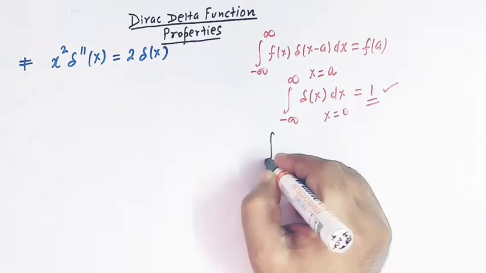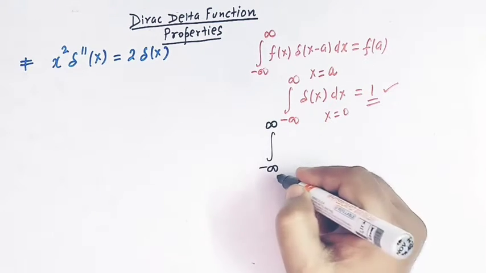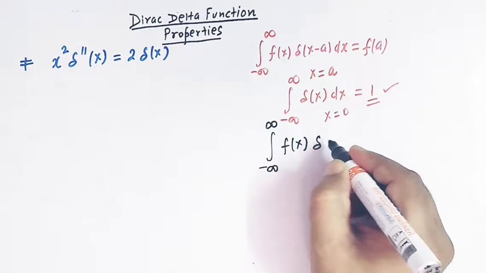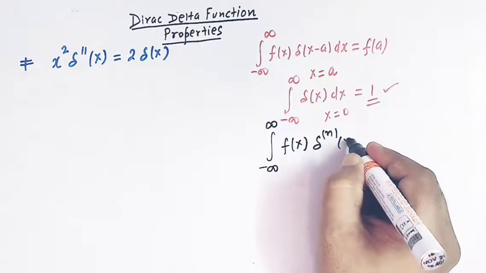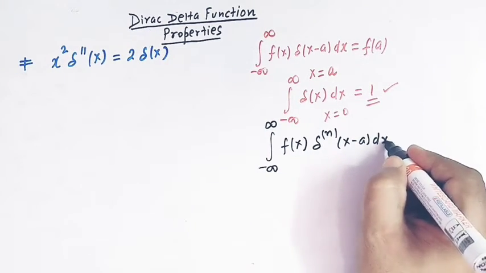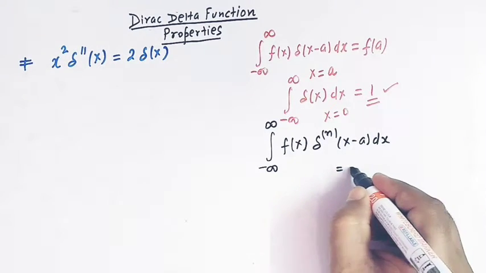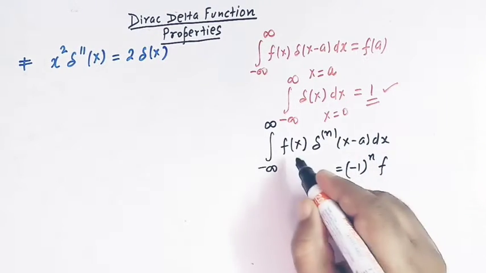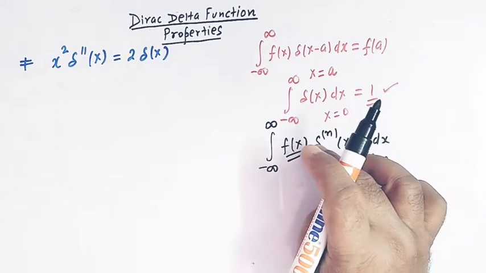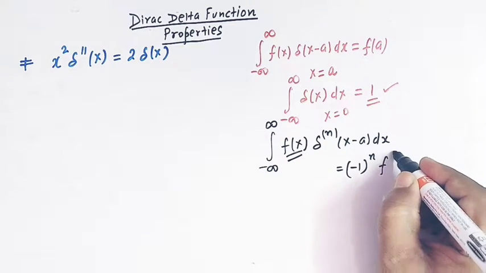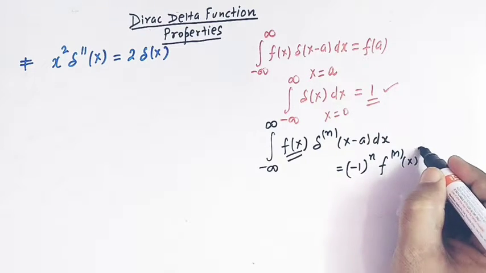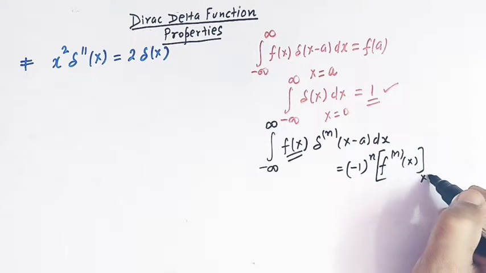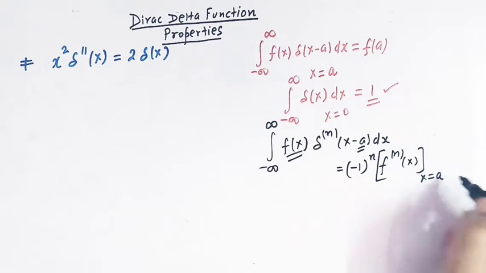If we have the integral from minus infinity to infinity of some function f of x times the nth derivative of the Dirac delta function, then this integral is equal to minus 1 raised to n times the nth derivative of the function f, evaluated at x is equal to a.